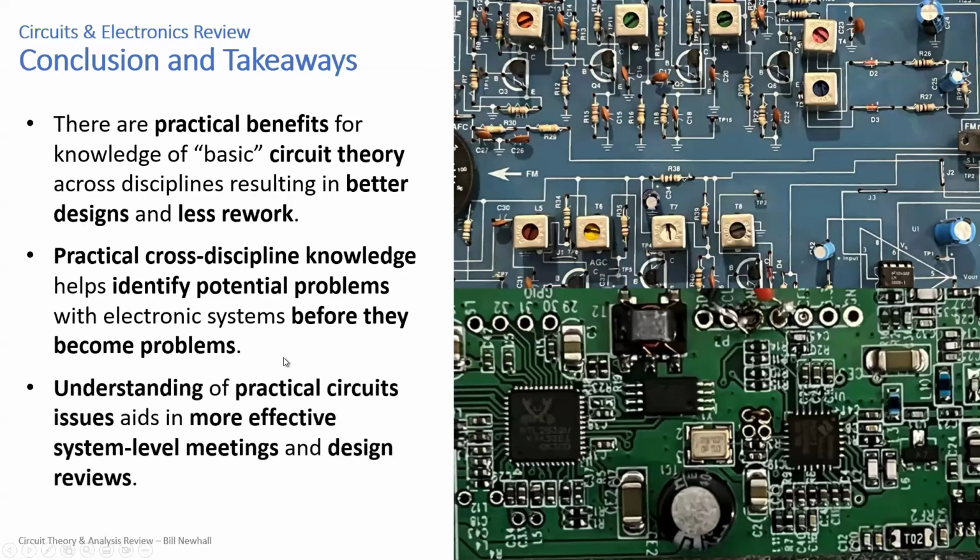And understanding of practical circuits really does help create more effective designs. It helps hold more effective system level meetings when you have different engineering disciplines in the room, and it helps with design reviews so that mechanical engineers have some electrical knowledge, electrical engineers have some mechanical knowledge, and you can get together and put together a better circuit, a better product, or a better system.